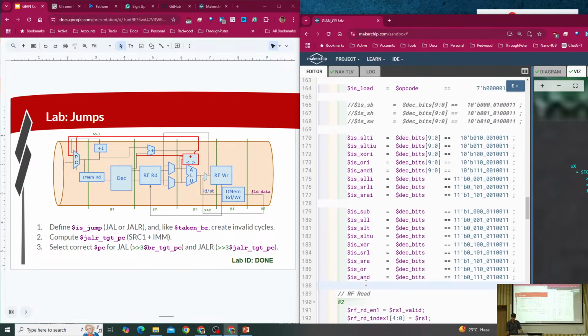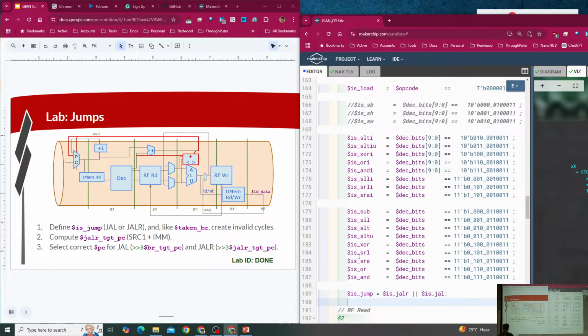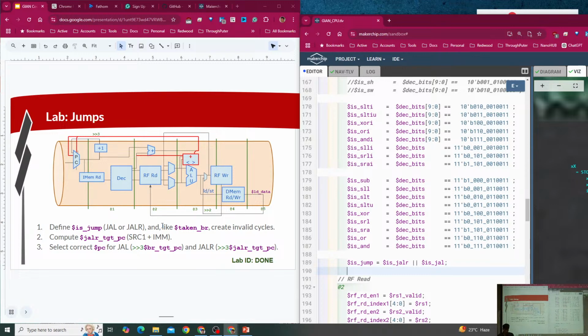That's here. So we'll also define isJump if it is JALR or is JAL. And we have to create invalid cycles.